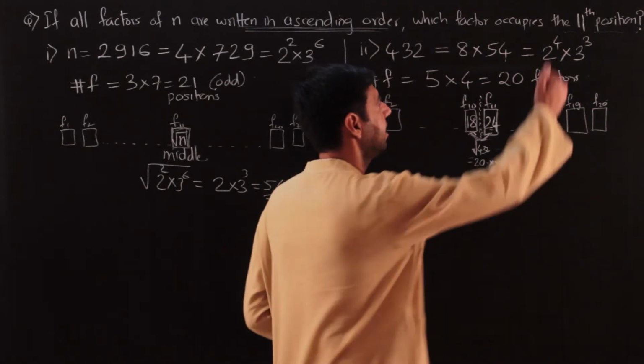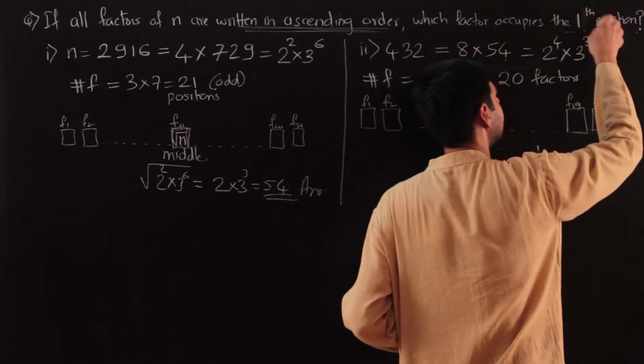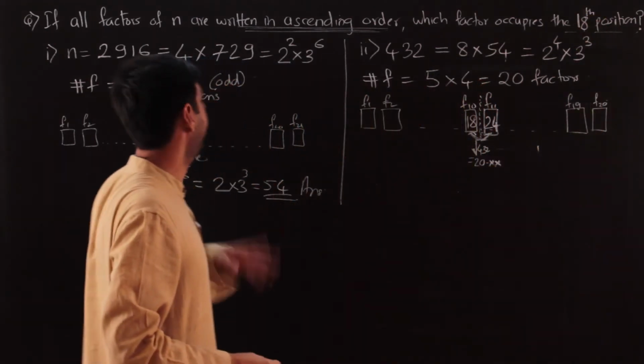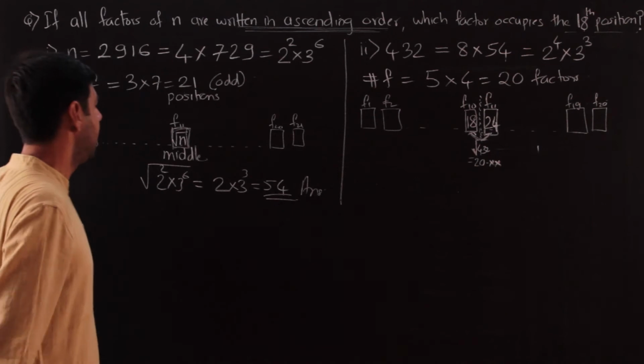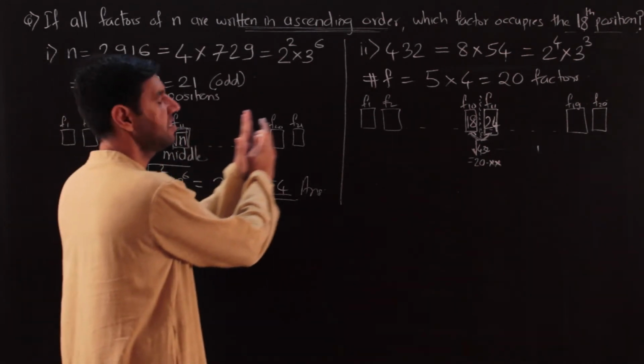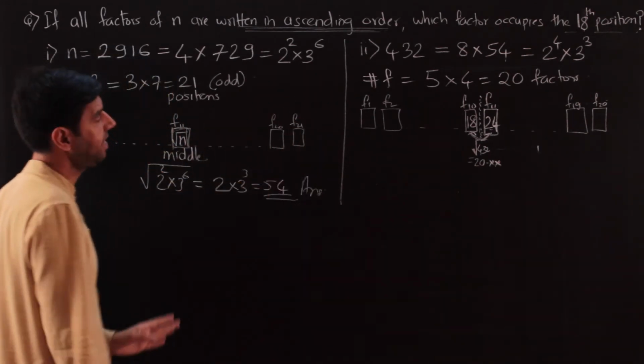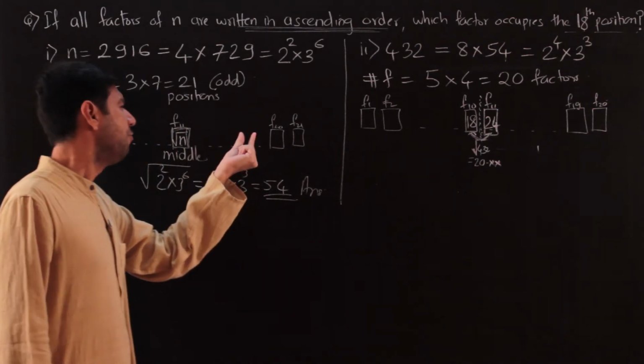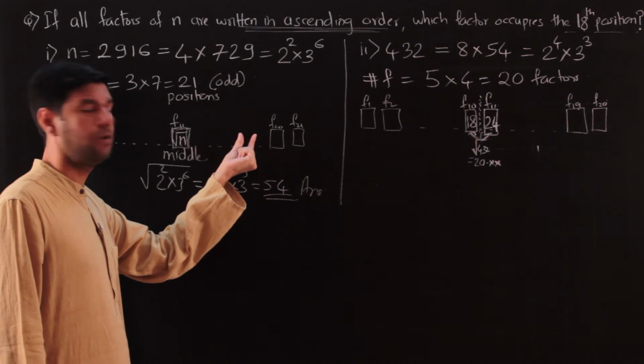So let's find the factor that lies in the 18th position. 18th position for both of them. Now 18th I have chosen because it is quite further ahead, right? So it will be a large enough number. But then we should not be worried about how large or so on.